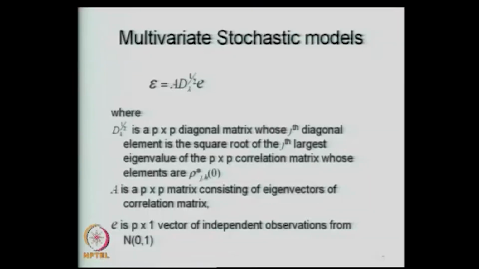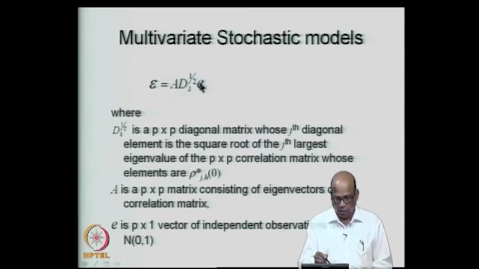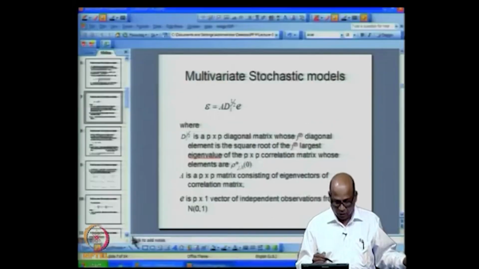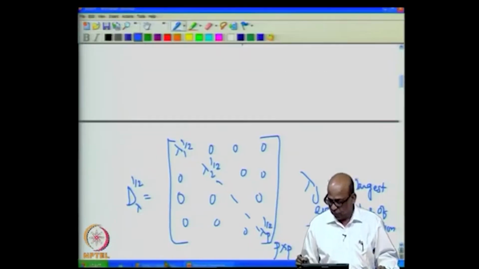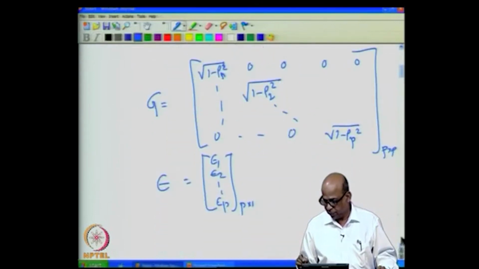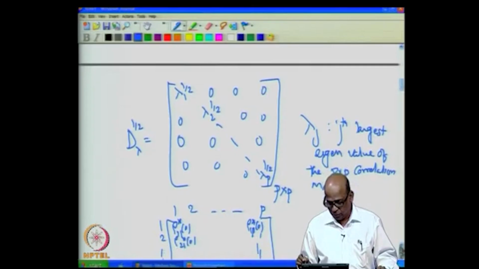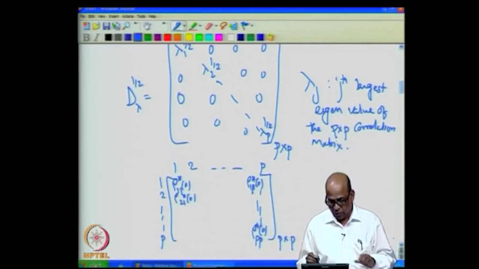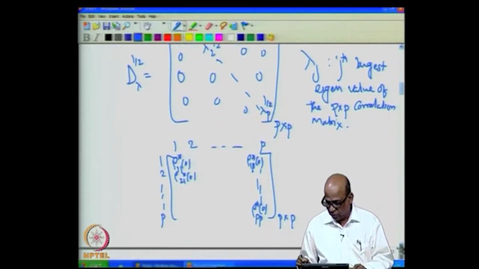All right. Then we come to the matrix A. We know how to determine D lambda to the power half. Let us look at what matrix A is now. A is a matrix of size p by p consisting of eigenvectors of the correlation matrix. So, we had the correlation matrix as we just defined. And we were determining the eigenvalues.